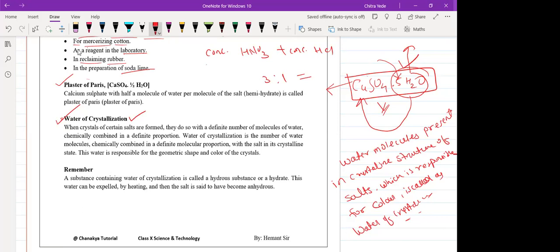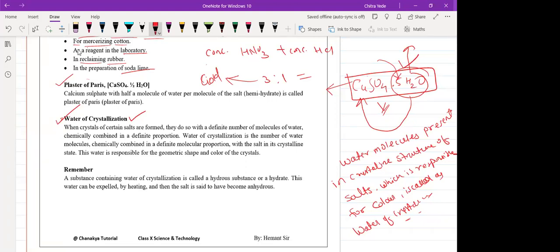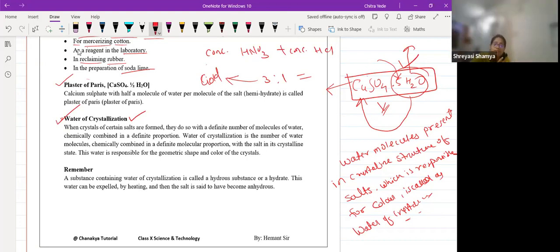That solution is called aqua regia, and it has the capacity to corrode gold also. Now understood what is water of crystallization? Any doubt, beta? No doubt, sir.